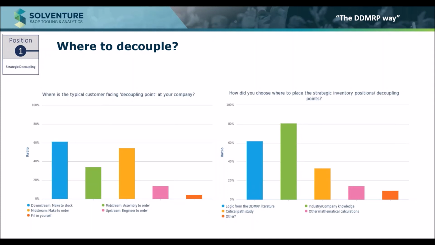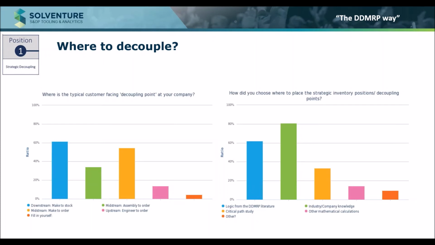And then we asked them, okay, how do you choose to place these strategic inventory positions? A lot of them actually follow the DDMRP literature, but I think even more are really applying their industry or their company knowledge. Some of them use a critical path study and some other mathematical calculations.